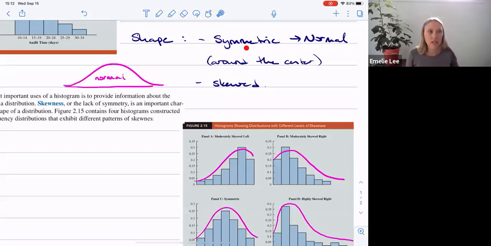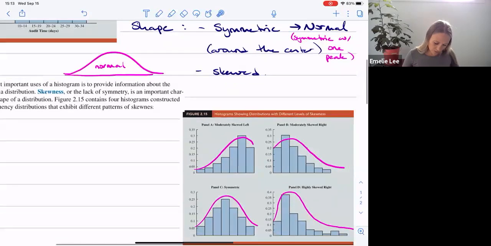It is symmetric, but it also has just one peak, right? So the normal distribution is symmetric with one peak. Later, I might call it one mode, but we haven't introduced that yet, so I'll call it a peak, right? But one high point. Okay.